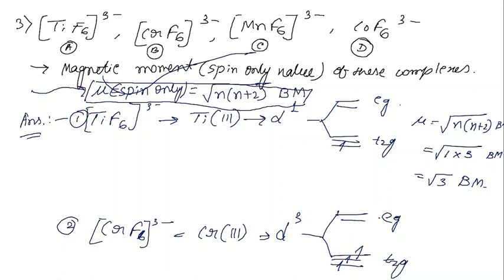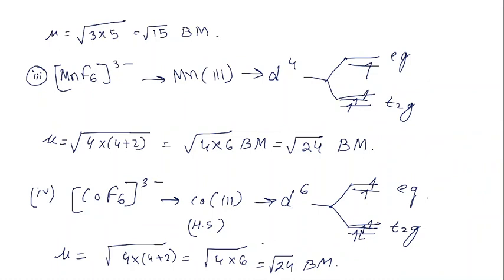So complex 1 is root 3, then root 15, root 24 and root 24. What will be the order for complexes C and D? This will be the order.